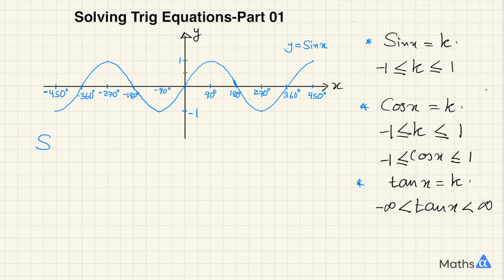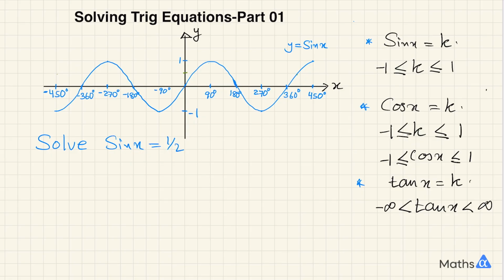Let's say we need to solve sin x equal to half. Solving this equation means we have to find all the angles x which satisfy it. In other words, when you substitute those angles, you should get half.